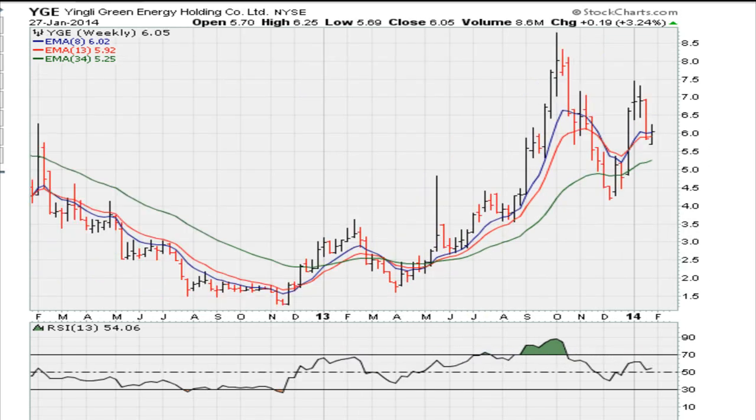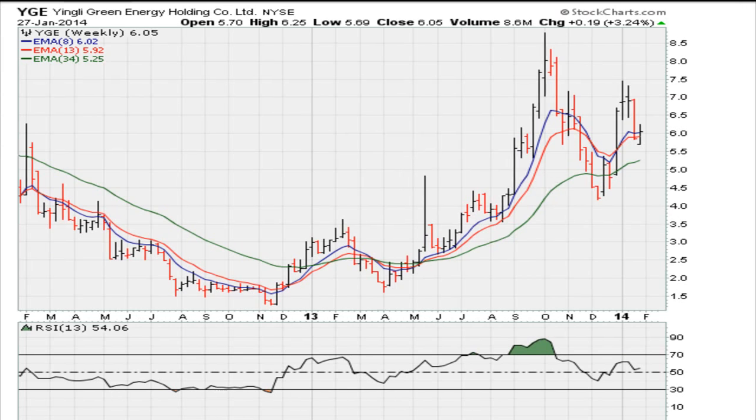Let's take a look at another solar name that did well in 2013, YGE. And from the time period in April here, when the solar ETF was breaking out, the stock managed to move from about $2.50 here all the way to $8.50.